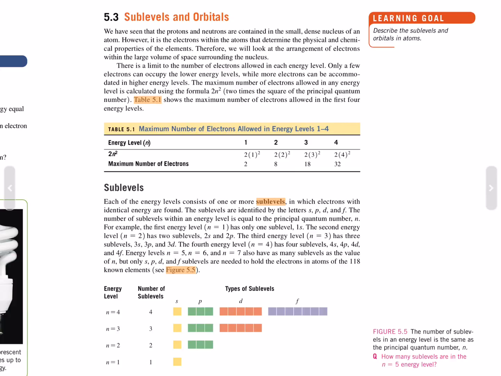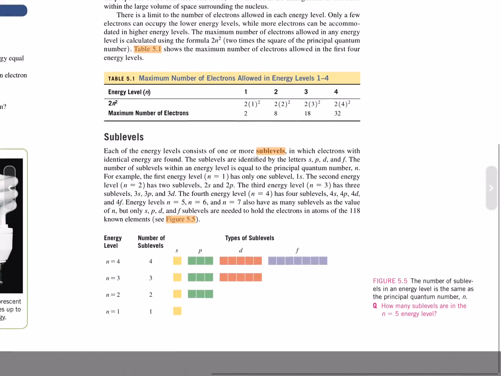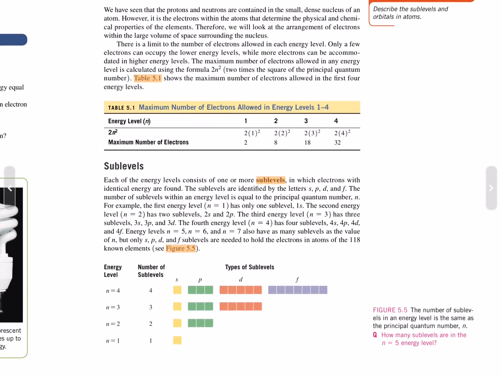Sublevels. Each of the energy levels consists of one or more sublevels, in which electrons with identical energy are found. The sublevels are identified by the letters s, p, d, and f. The number of sublevels within an energy level is equal to the principal quantum number n.